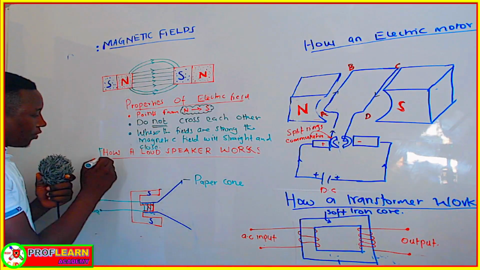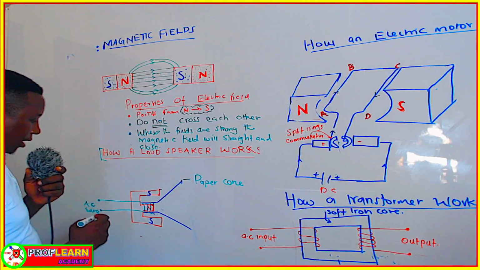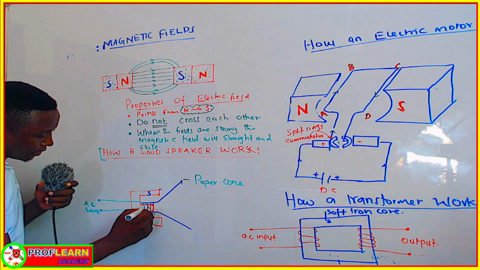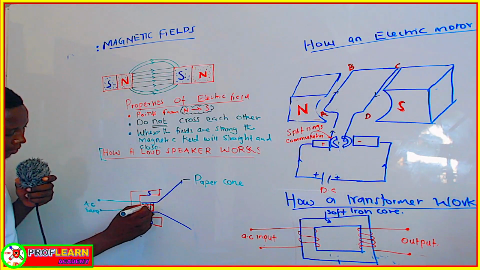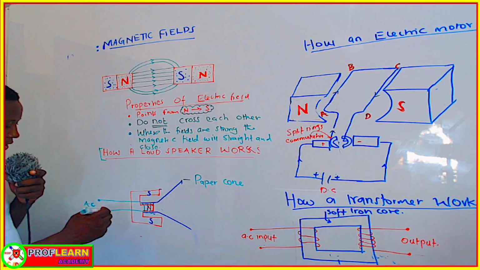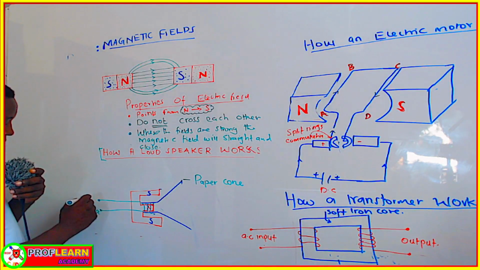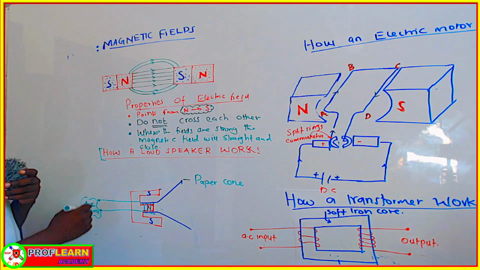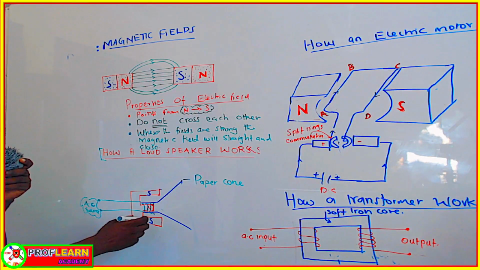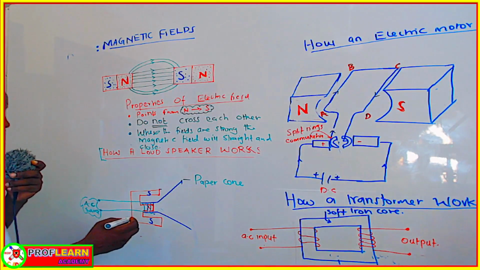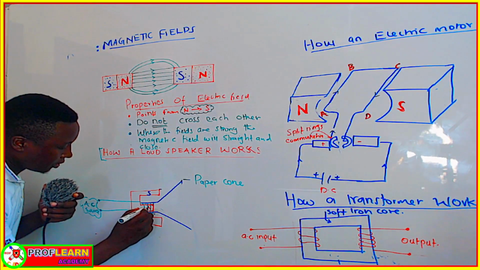Now let's focus on how a loudspeaker works. The different parts that you need here are the south pole and the north pole. What you need to realize is that when alternating current flows through here, the flow of current results in the production of magnetic fields.